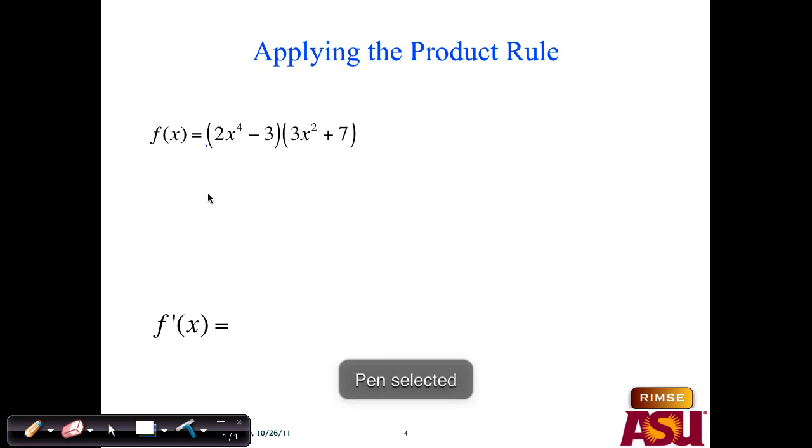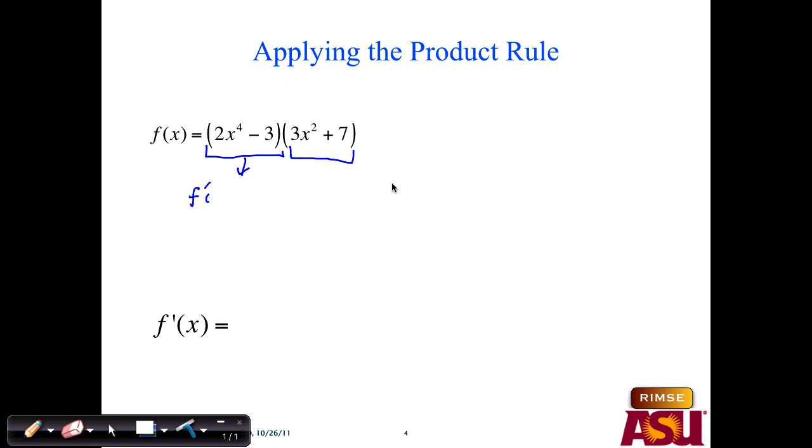If I think here's one part, here's another part, and I'm thinking of this as a product, I want to write f prime of x equals, let me call this part a and this part b. So I want a times b's derivative and b times a's derivative, or whatever you want to call them.